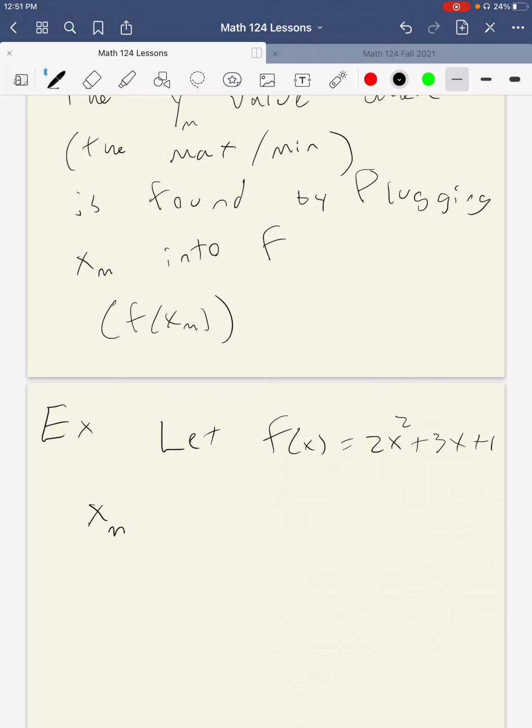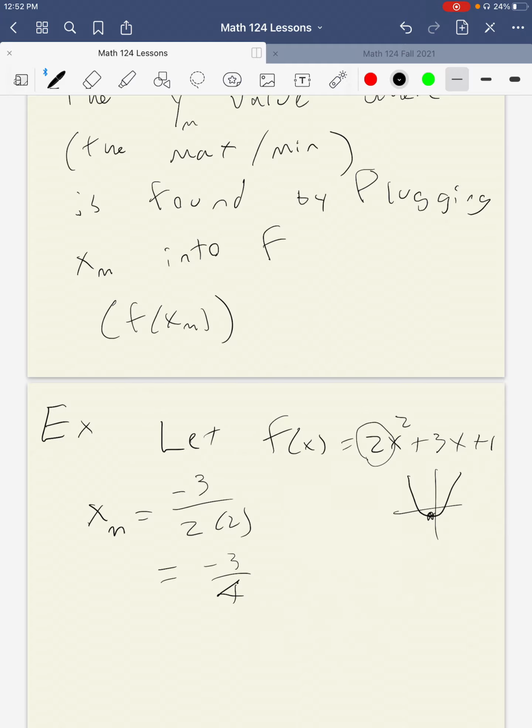First we find them. In this case, it will be a minimum because this number is positive, so the graph will look roughly like that. We will have a minimum somewhere. The x value for which the minimum is attained will be given by negative 3 over 2 times 2. So that's negative 3 over 4. So that's the x value for which the minimum is attained.